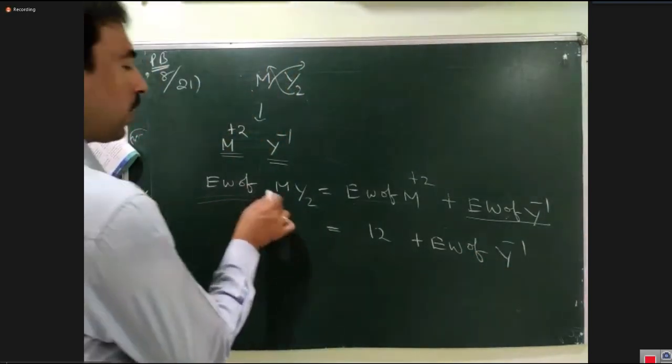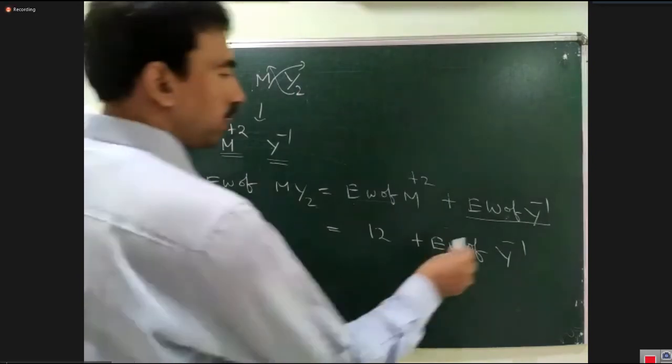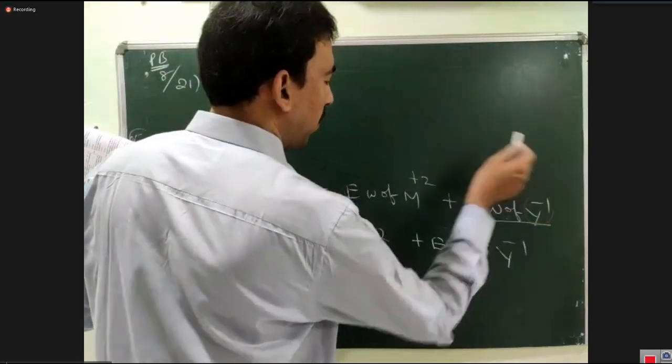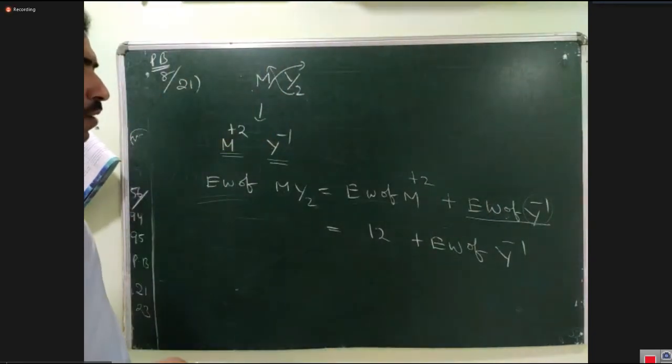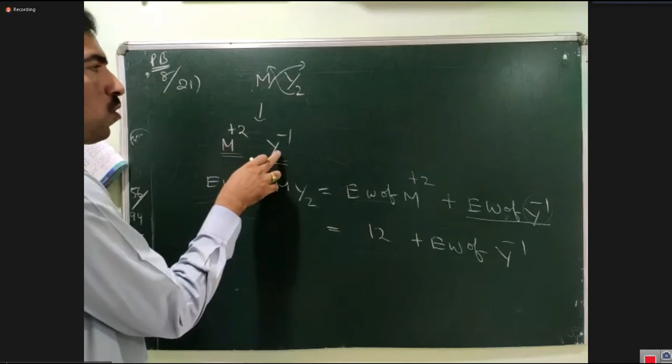The equivalent weight of MY2. It is clearly saying Y has valency 1. So in the compound, M is combining with 2 monovalent atoms.